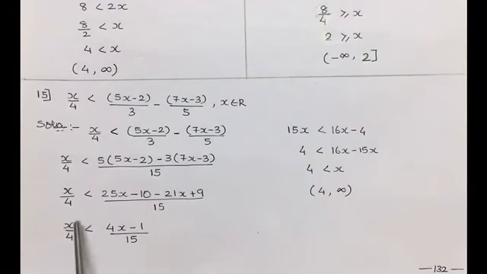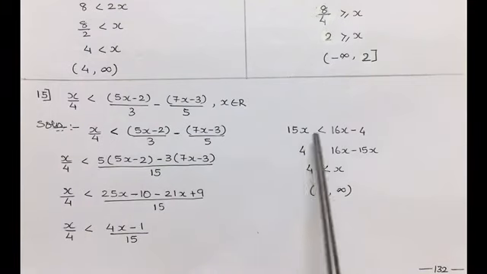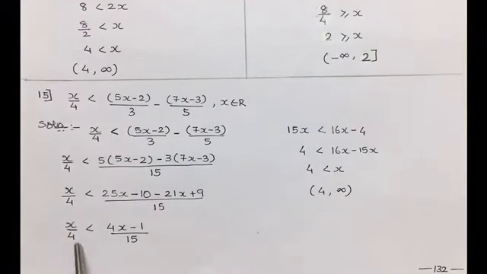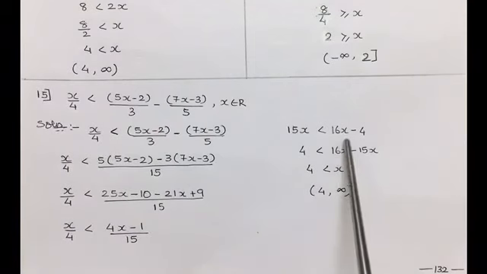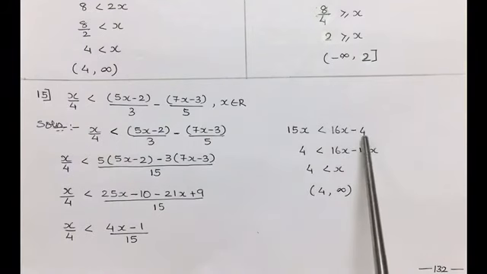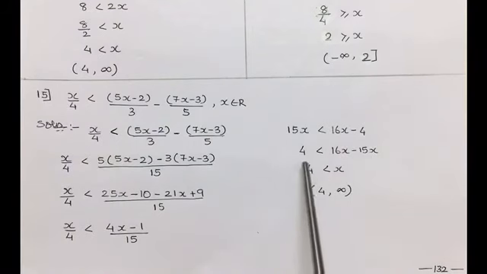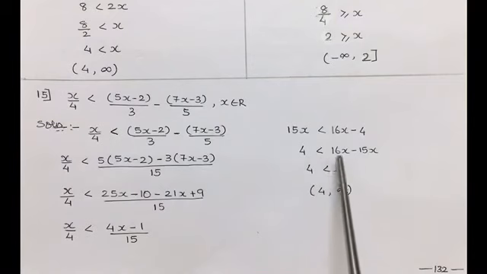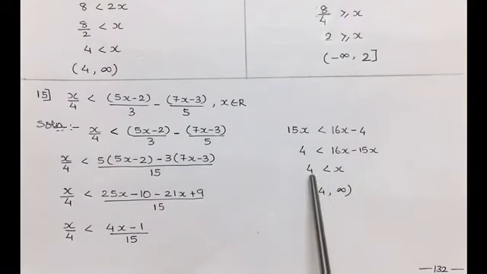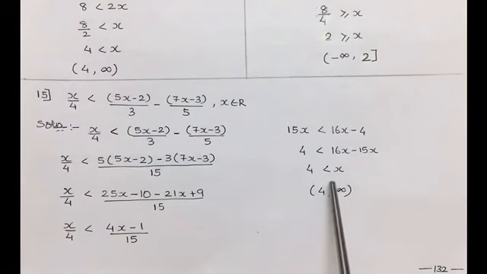Now going for the cross multiplication, we get 15x less than 16x minus 4. 15 is multiplied with x, 4 is multiplied with 4x minus 1.